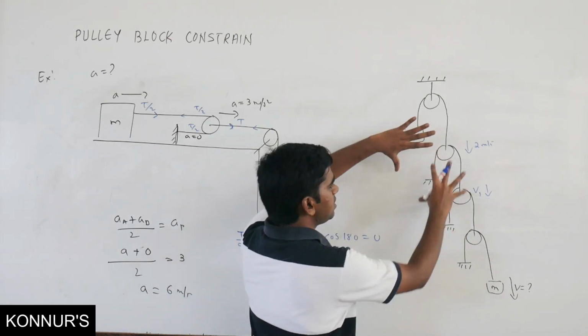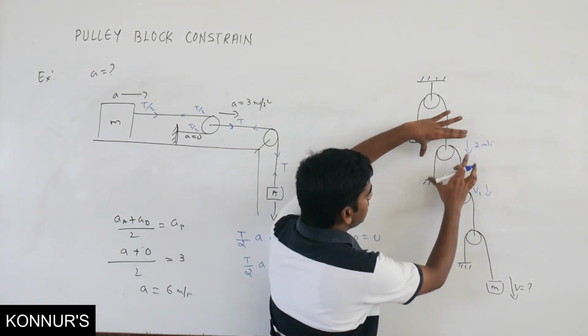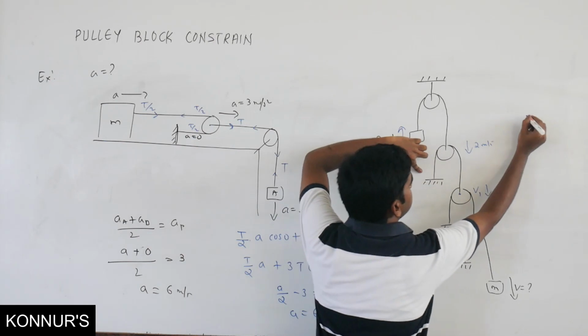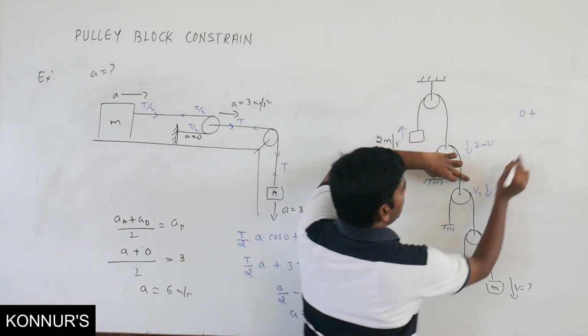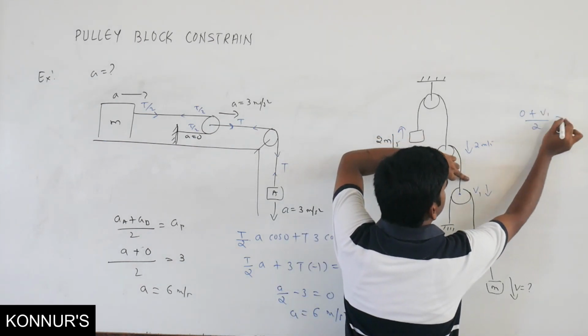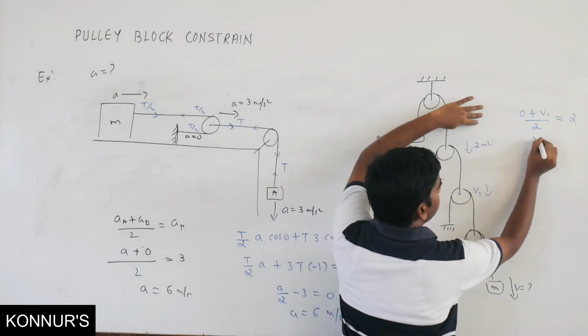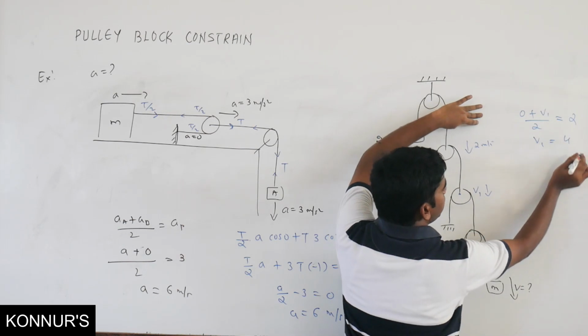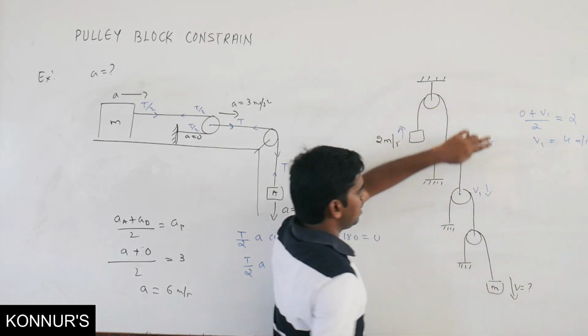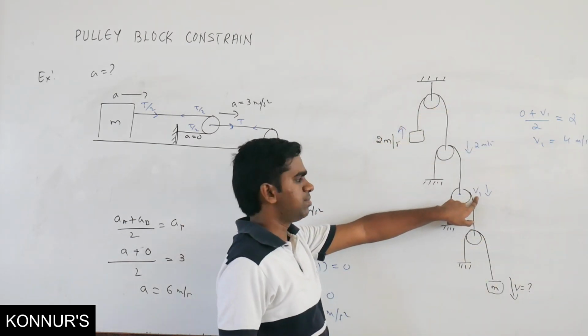For this system, 0 plus V1 by 2 equals 2, the velocity of the pulley downward. So V1 is 4 meter per second.